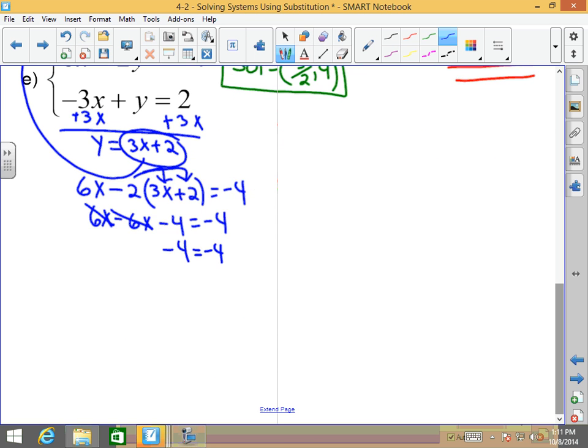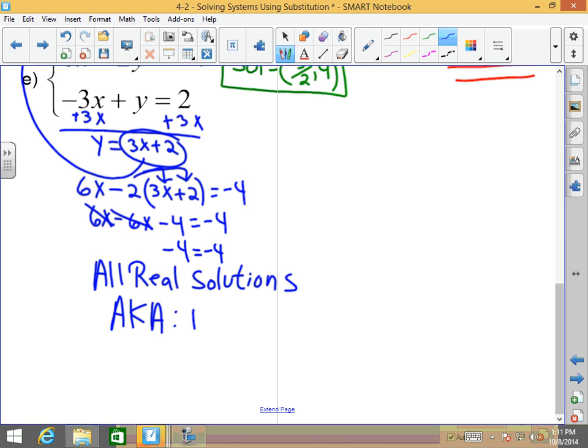Is that a true or false statement? That's a true statement. So when I have true statements, very good, son, it's all real solutions or infinitely many solutions, also known as, you had said it before, dependent.